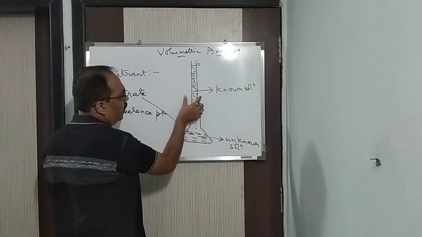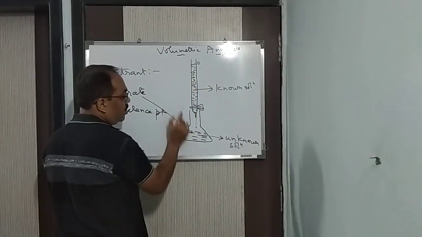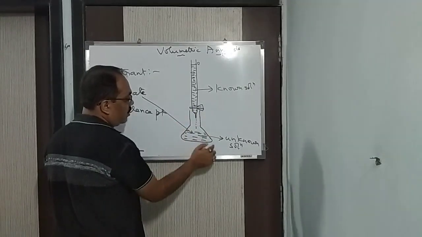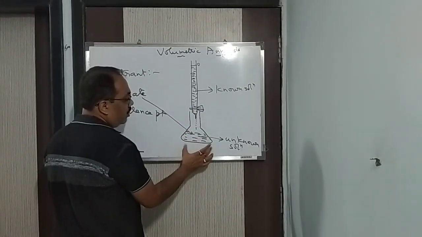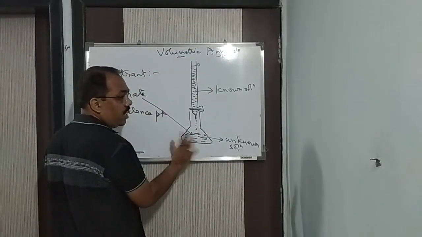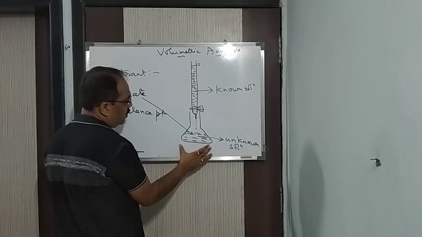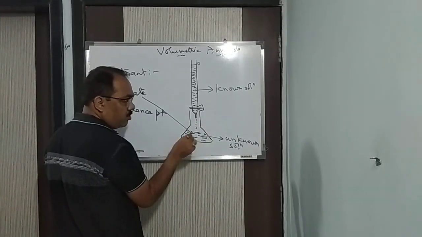Suppose you are taking NaOH here, the known concentration, and here the unknown one. Let us say you are taking oxalic acid or sulfuric acid. This is an acid-base titration I am telling you. So here I have taken a base and here I am taking an acid, and you will be putting an indicator also.